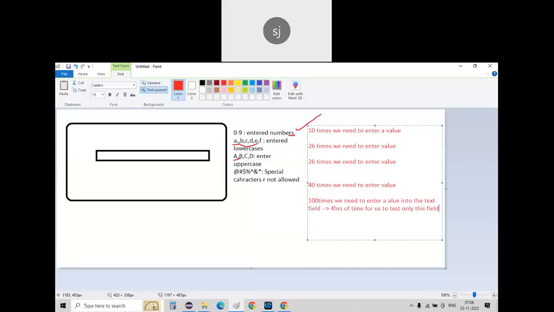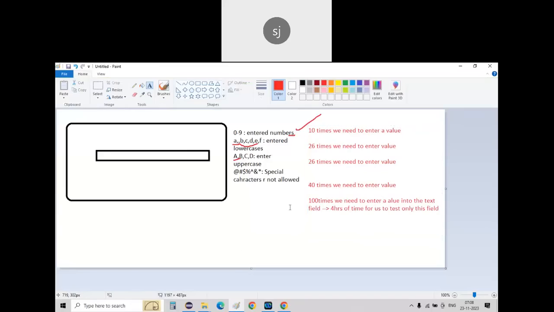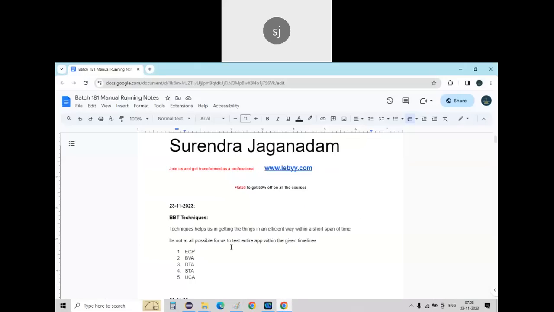That's the reason instead of dealing with it in this way, we are using some black box testing techniques here. Rather than spending so many hours, using a technique, we can reduce that.